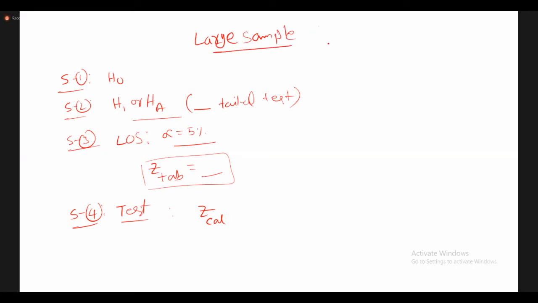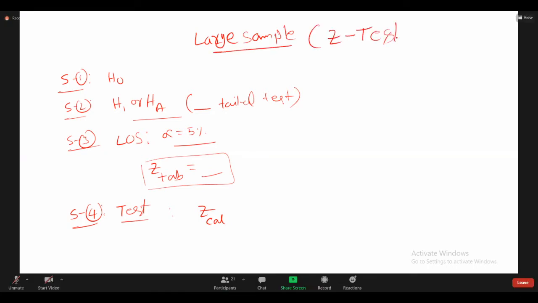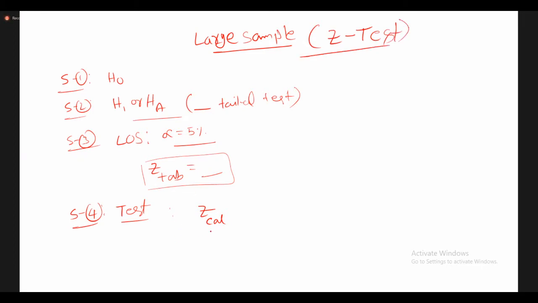For large samples, we have to use Z test. Here Z calculated depends on the data. For single mean, we have one formula. For difference of means, another formula. Depending on that, you can use that formula and calculate the Z calculated.